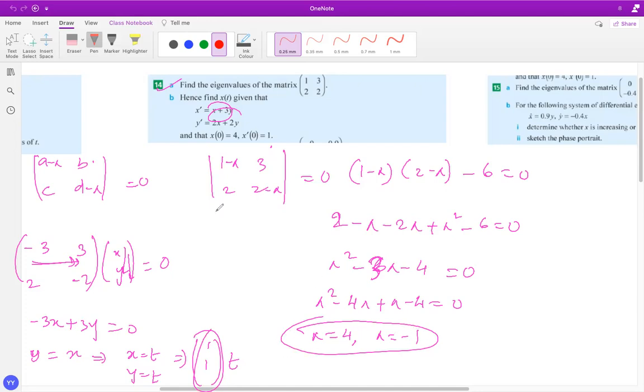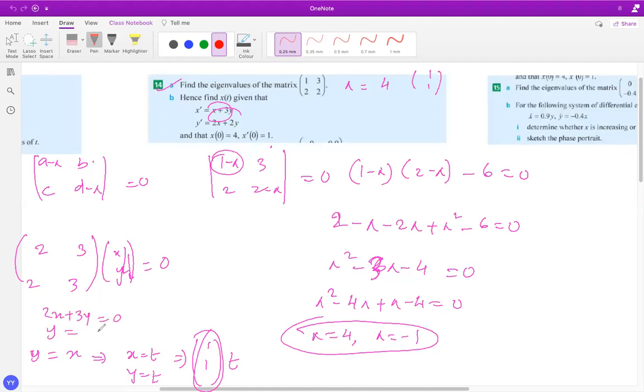So when lambda is 4, my vector is 1 and 1. Now when I take lambda as negative 1, I get this matrix as 2, 3, 2, 3. So I get 2x plus 3y equals 0.